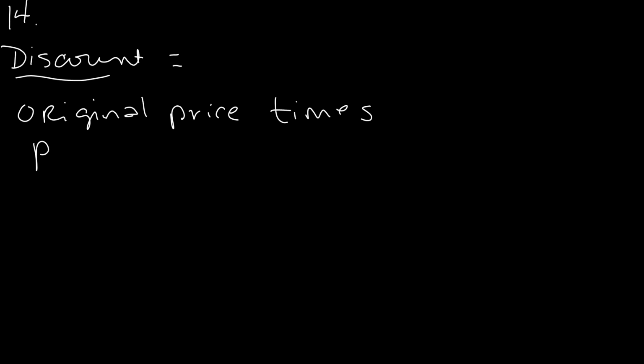You're going to be given the original price and the percent markdown. Now, if you look at your formula sheet, it says that discount equals original price times the percent markdown.